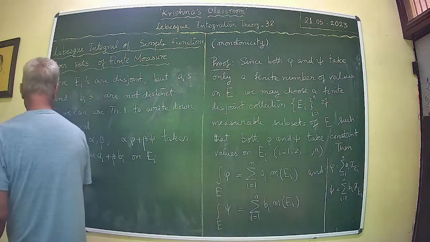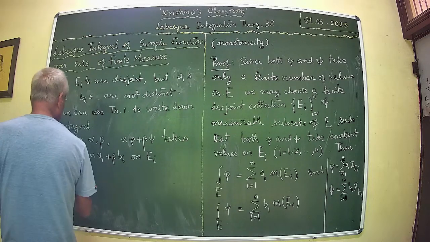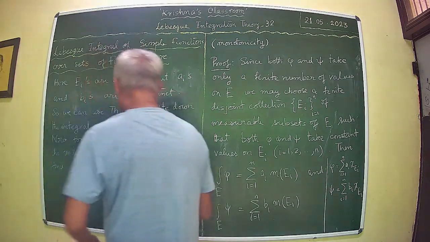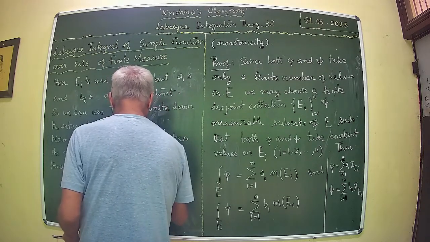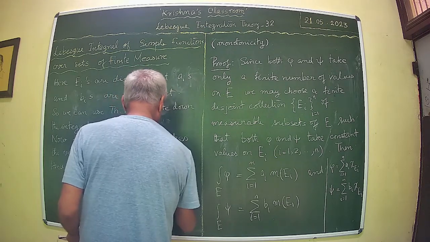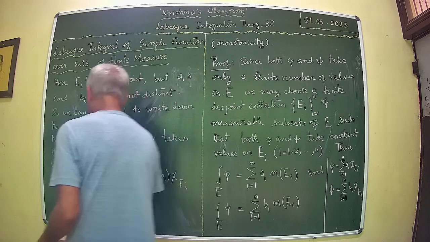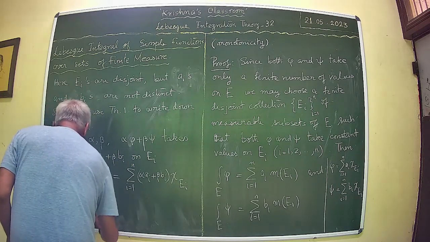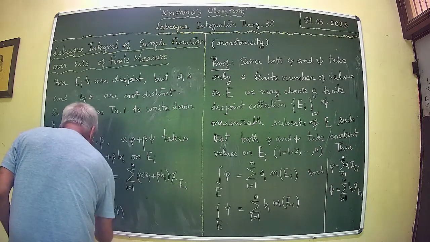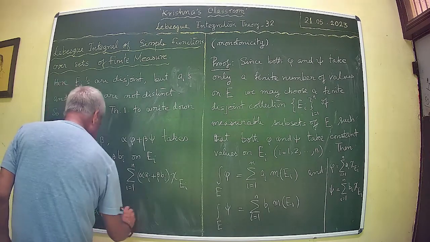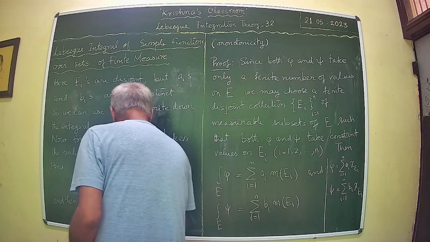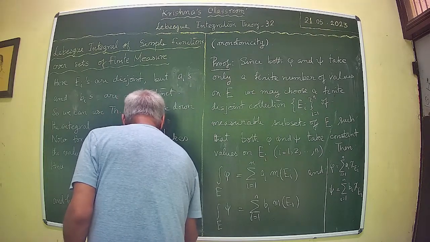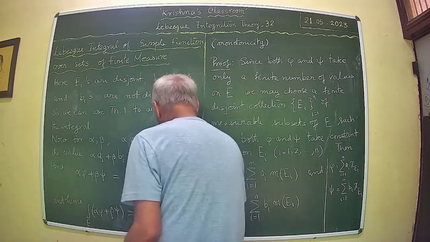Therefore, hence the integral over E is equal to sigma of alpha a_i plus beta b_i times the measure of E_i.